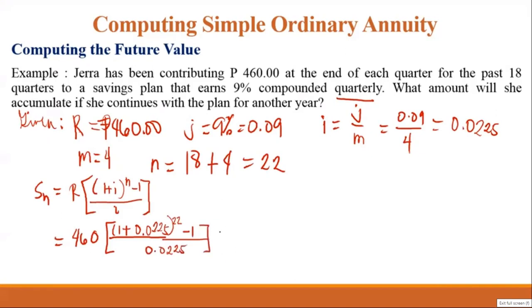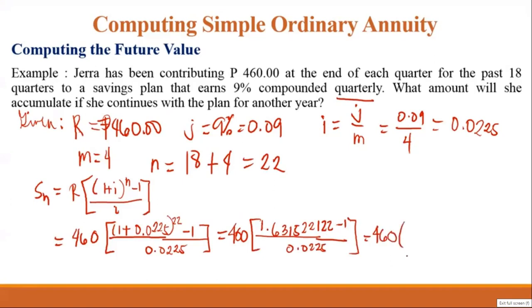Let's just do it. So this is 460 times 1.631522122 minus 1 over 0.0225. Let's still write the digits, all the way to the last step. So this is now equal to 28.06764989.